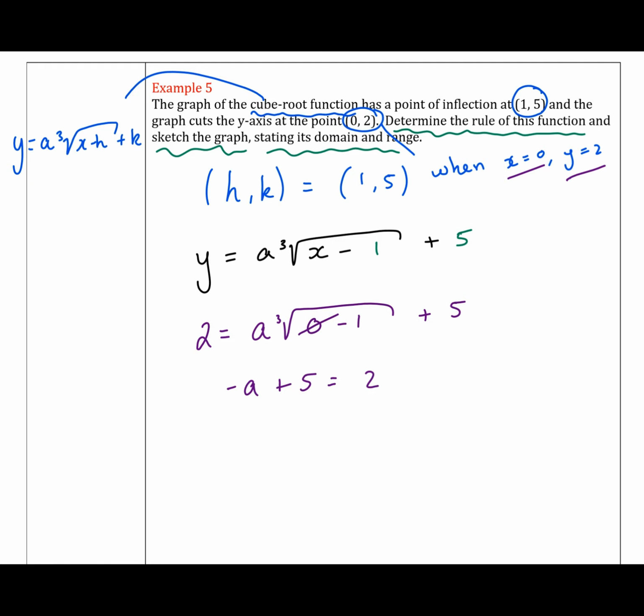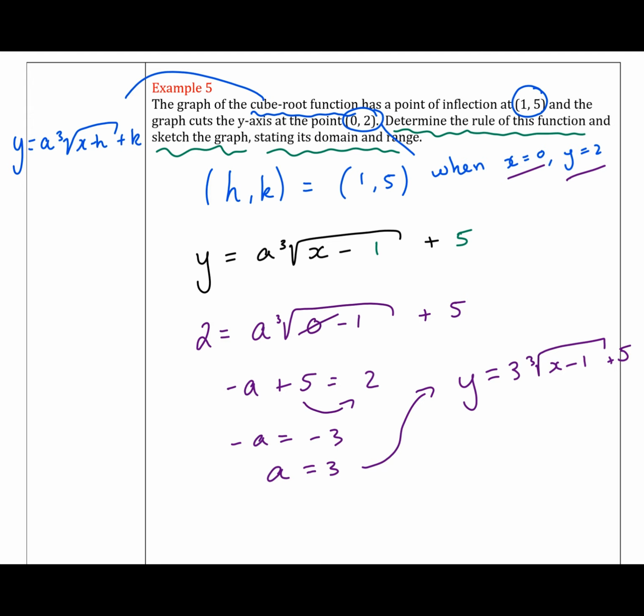I like to work left to right. Bring the 5 over. Negative a is negative 3, and a equals 3. So my equation here is y equals 3 times the cube root of x minus 1, plus 5.